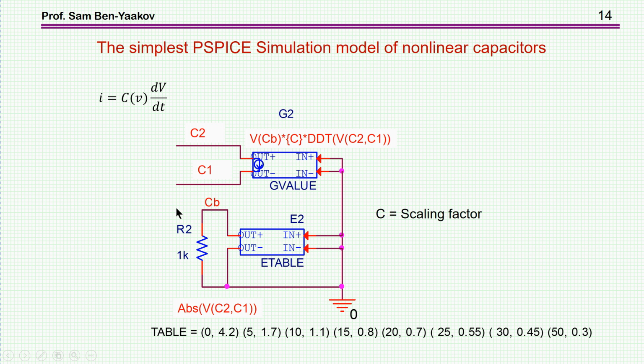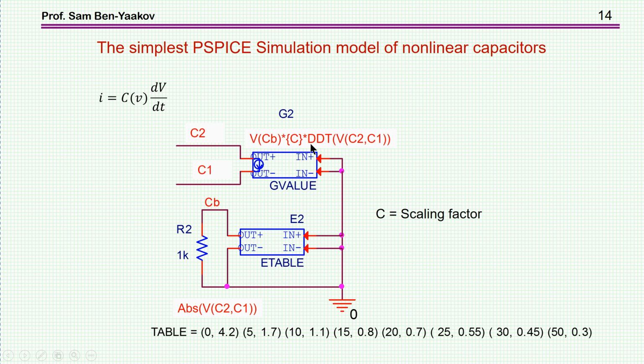C sub B is taken from the table for any given voltage. There is a scaling factor because here you may not wish to put micro or pico or nano, etc. Just put easy-to-handle numbers, and therefore you might need to have a scaling factor like 10 to the minus 9 or something like that.